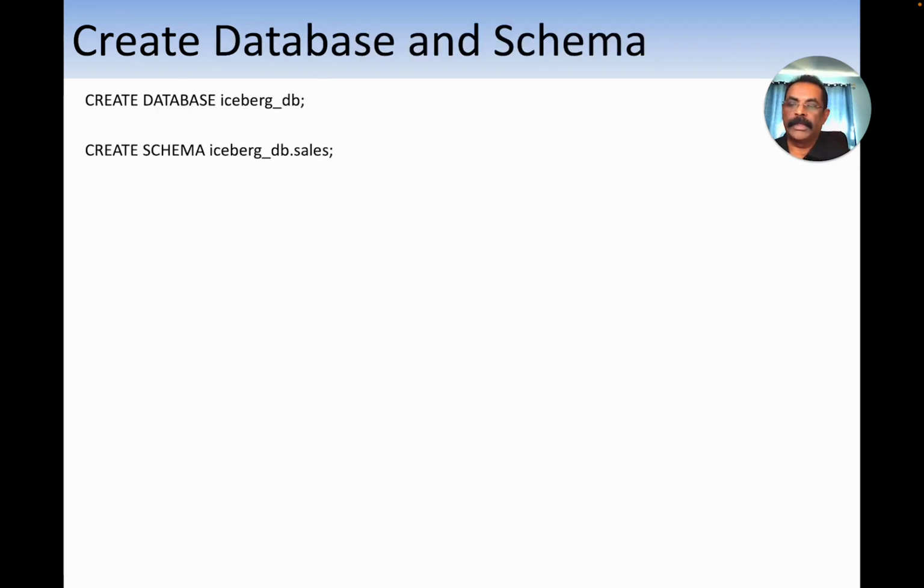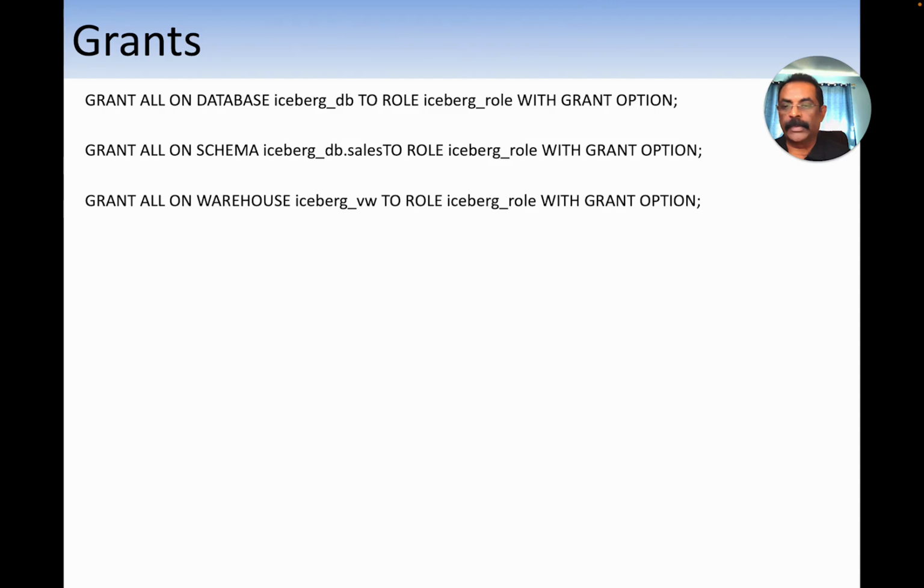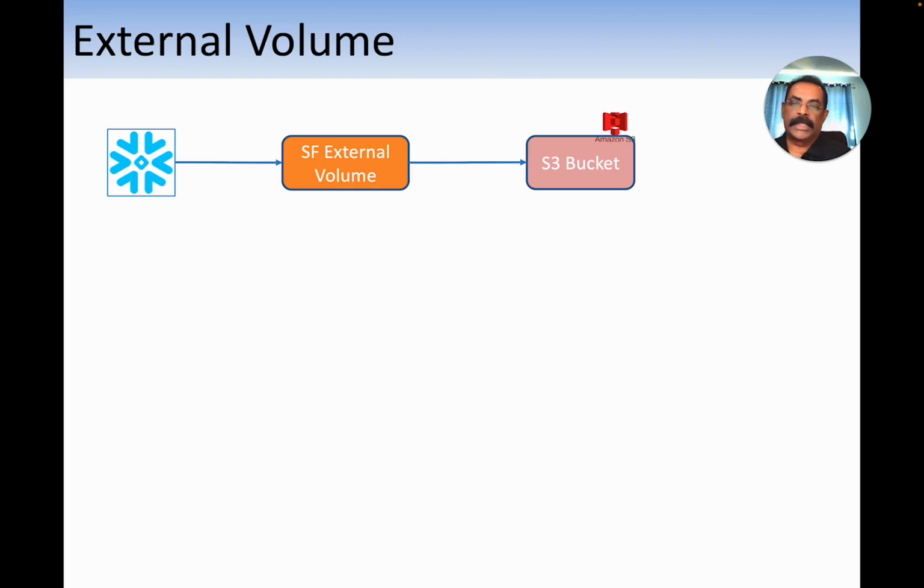As part of our process across different videos, when you create an Iceberg table, we need to create a warehouse. You can also create a warehouse through the GUI in Snowflake. Then we're going to create a role, a database, and a schema, and of course grant the warehouse, schema, and database to a role, and then walk through everything.